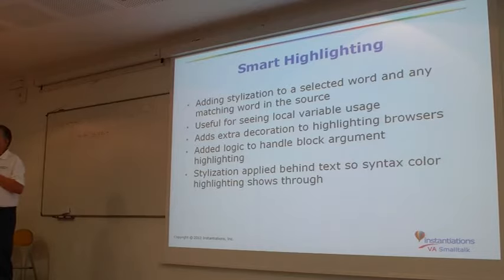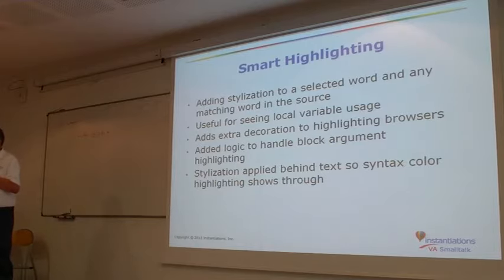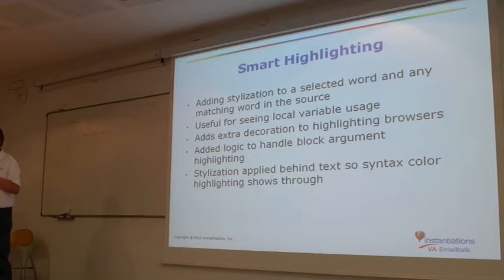So if you're highlighting an argument name, then it'll highlight all the usages within the method. If you're highlighting a temporary variable name, it'll highlight all the references to that temporary variable. And this works for block arguments also, I'll show that.